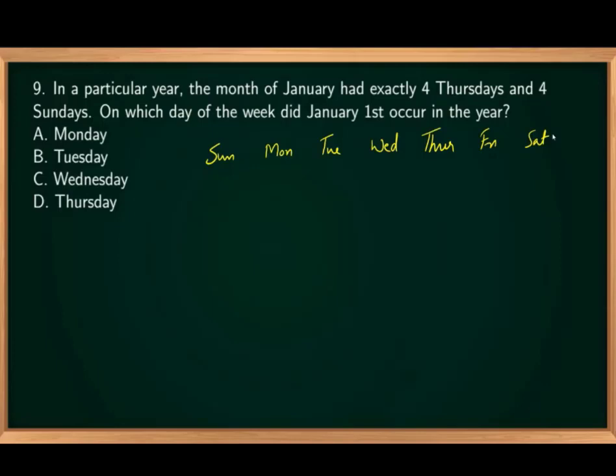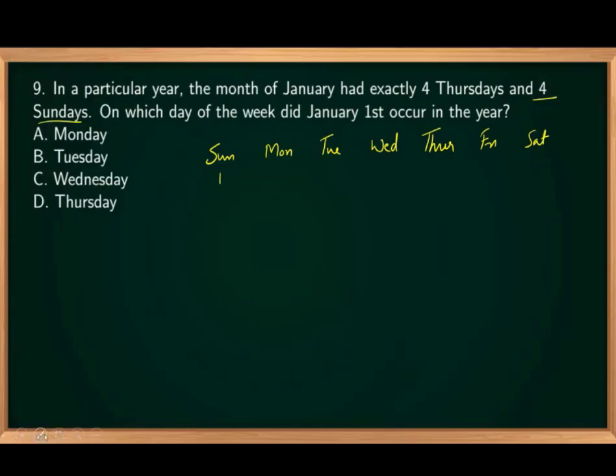So if I mark 1 as Monday, then January means 31 days are there. Surely there will be 5 Sundays. But in the question, it is asked as there will be 4 Sundays.